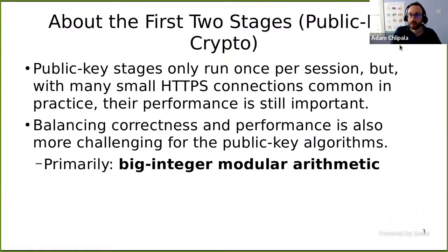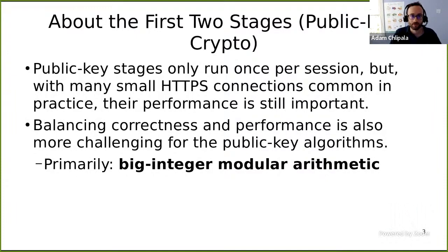So the public key stages of that need to run once per connection, but there could be a lot of connections in a single web browsing session. So it is important to optimize the performance of that element of things. And there's some interesting algorithms and data structures that are used there. For instance, there's this category of elliptic-curve cryptography, which is one of the most common choices browsers will try to use for this stage of things.